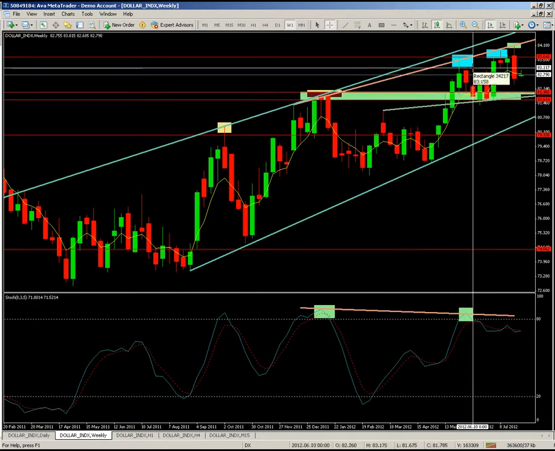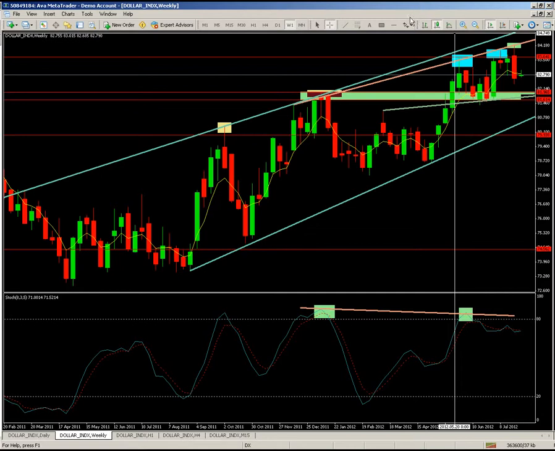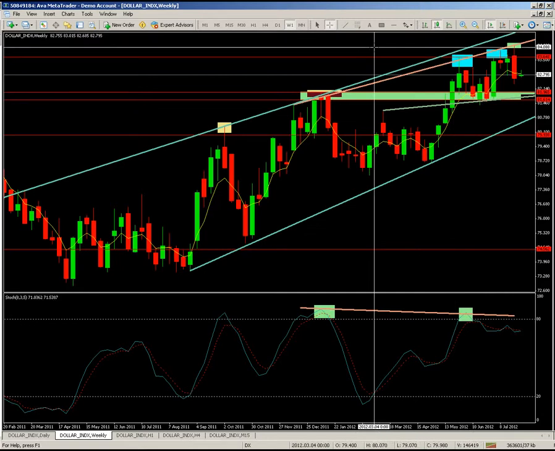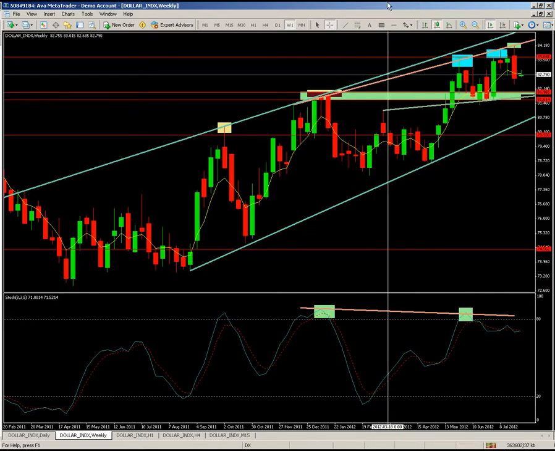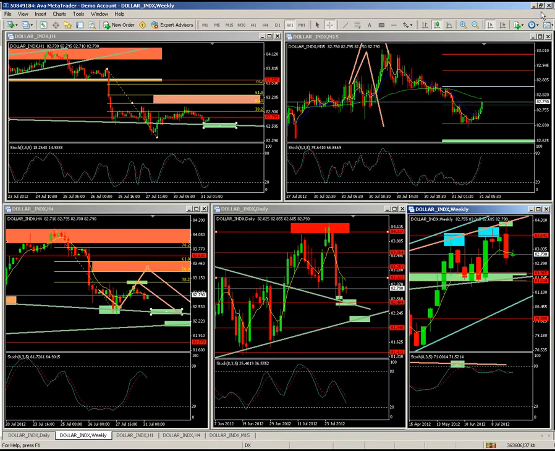Now this is a weekly chart, so that could take a couple of weeks to manifest. It's just having some sort of an idea of what we're looking to happen and what we would like to happen, so that we can trade off of those ideas on the smaller time frames.